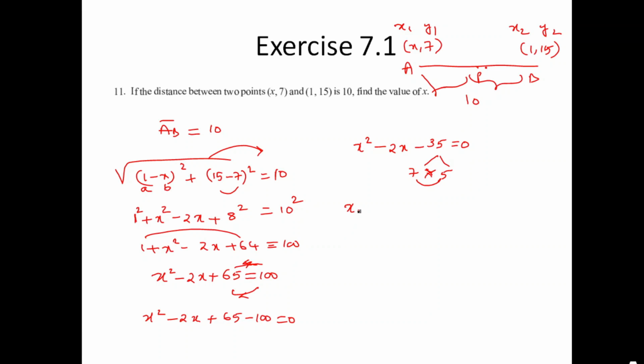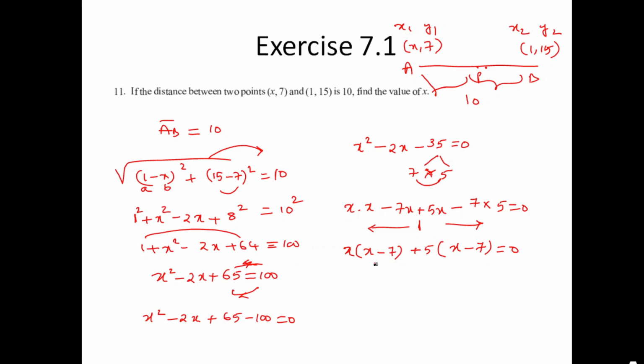I can write it as x into x minus 7x plus 5x minus 7 into 5 equals 0. Now taking this side, x into what is left out, x minus 7 is left out, and taking the other side, 5 into x minus 7 equal to 0.